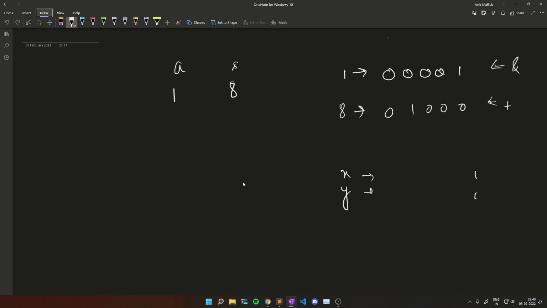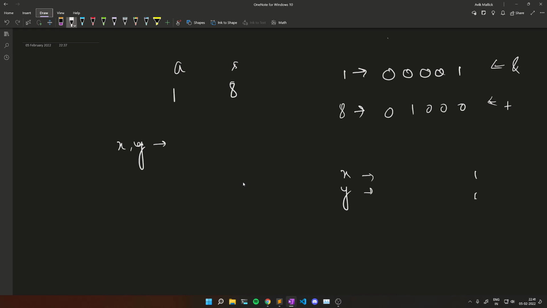After that we need to check another thing, that x and y both must have set bits in all those positions in which the AND value has bits set.